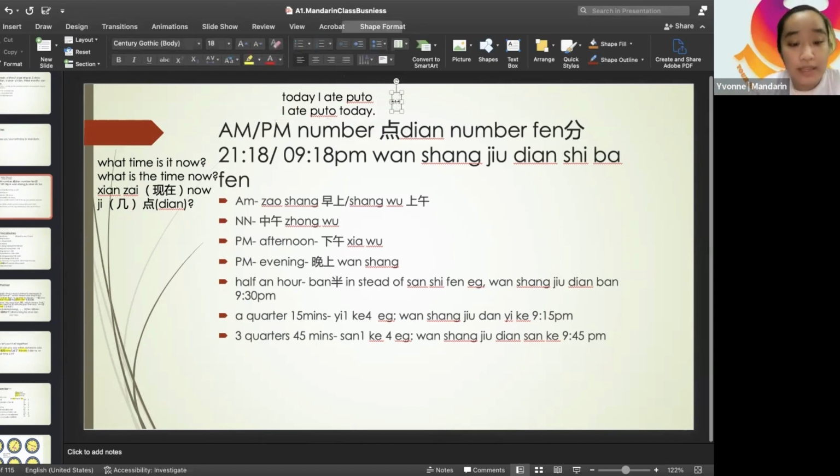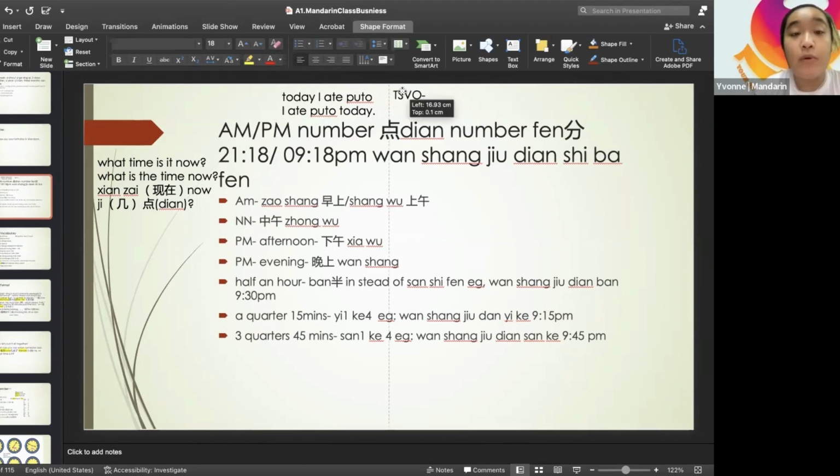So let's start with TSVO, the first one that is exactly like English. First we start with the time. Let me teach you a very useful word, today, because we always use it. Today in Mandarin is 今天.